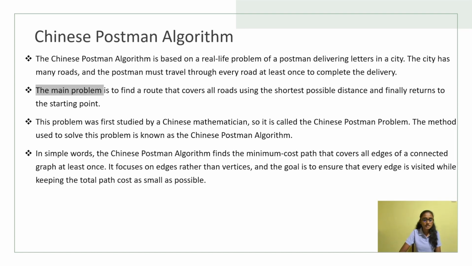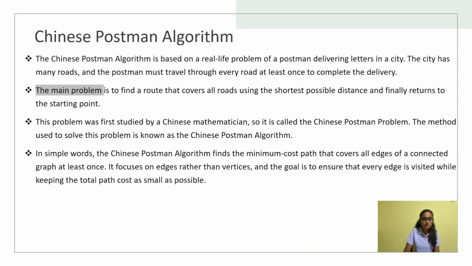Let's move to what the Chinese Postman Algorithm is. First, let's understand the problem using a real life example. Imagine a postman who has to deliver letters in a city. The city has many roads and the postman must walk through every road at least once to deliver letters.